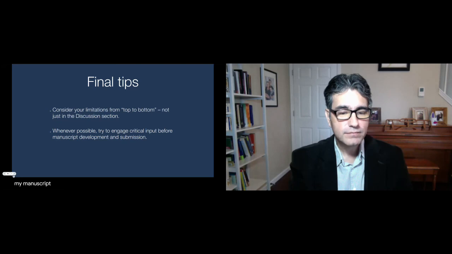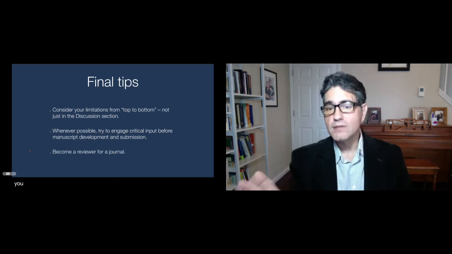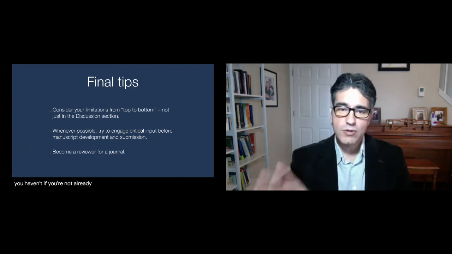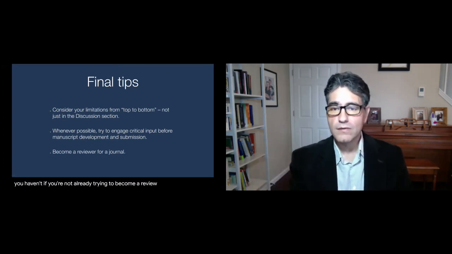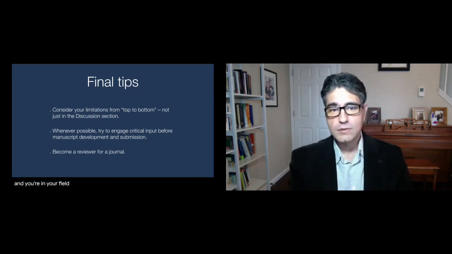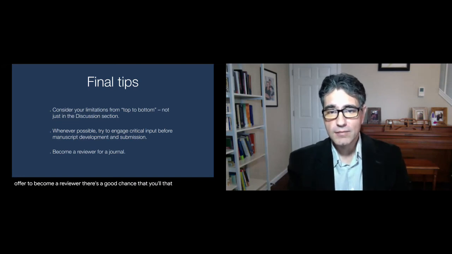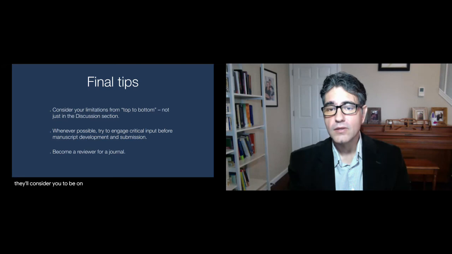Then finally, the last suggestion I would make is that if you're not already, try to become a reviewer for a journal in your field. Often journals are looking for good reviewers, and so if you offer to become a reviewer, there's a good chance that they'll consider you to be on their board.